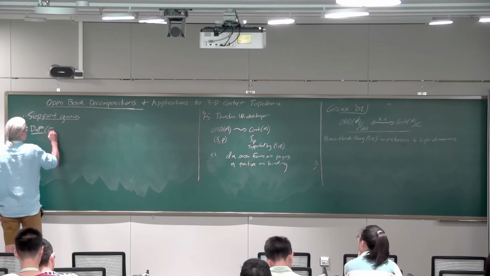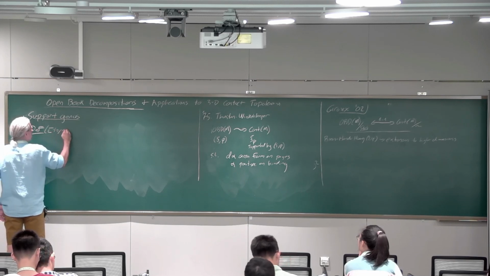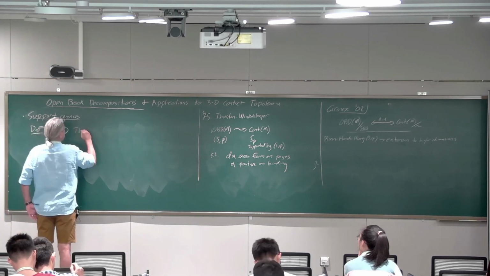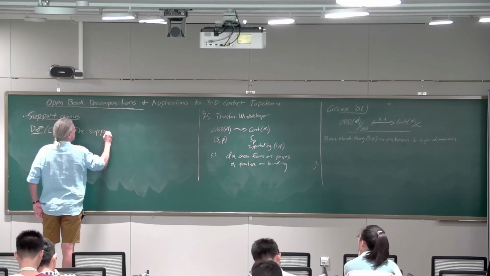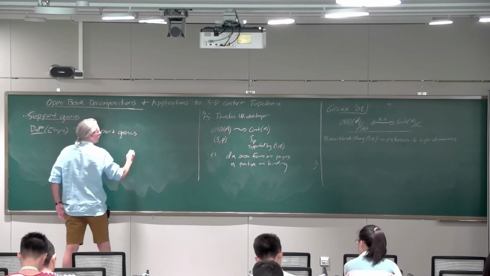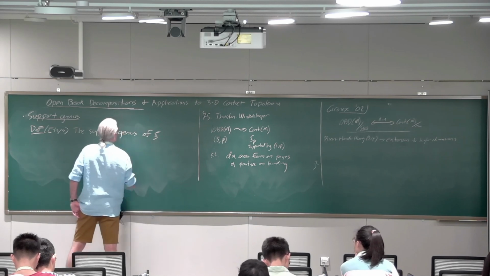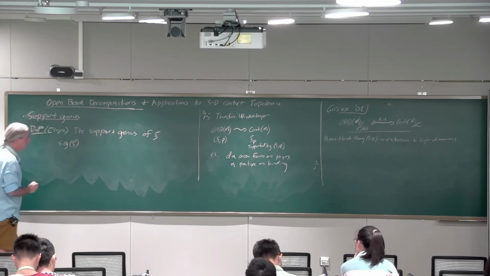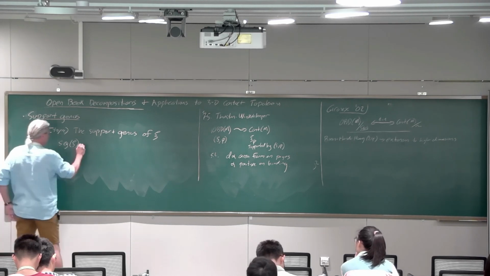This was due to Etnyre, who first wrote it down, I think. The support genus of a contact structure, so we put SG of a contact structure. This is just what I said.